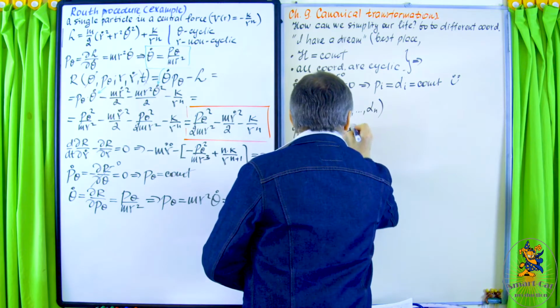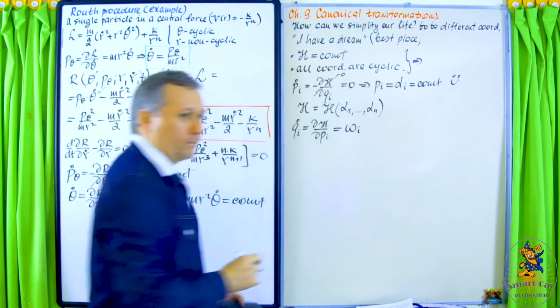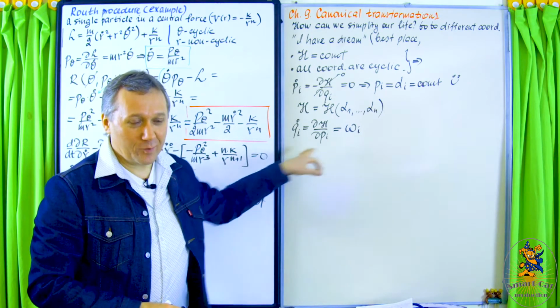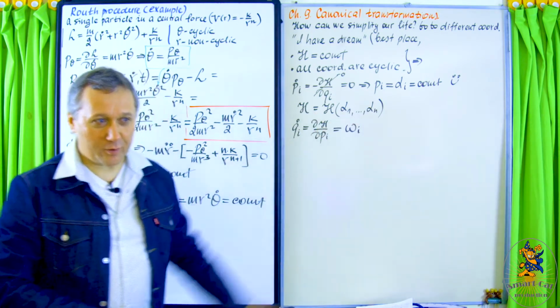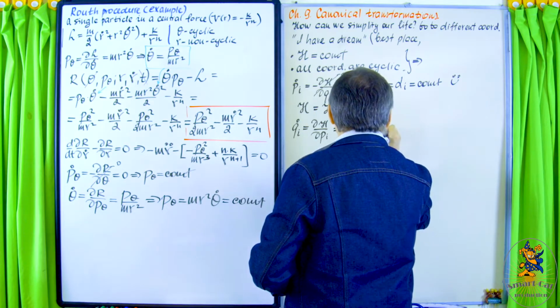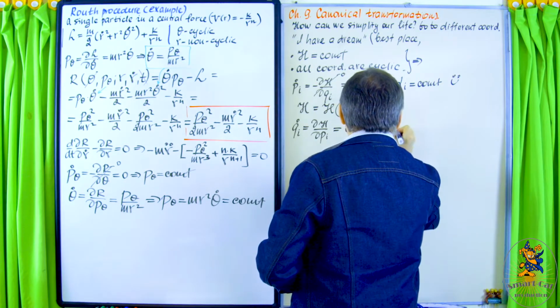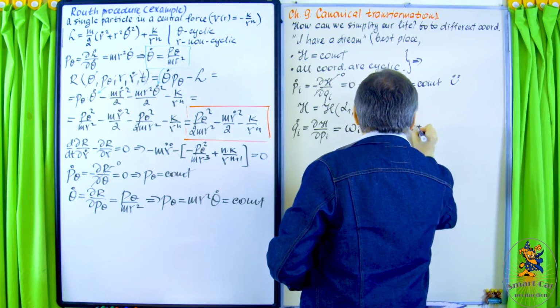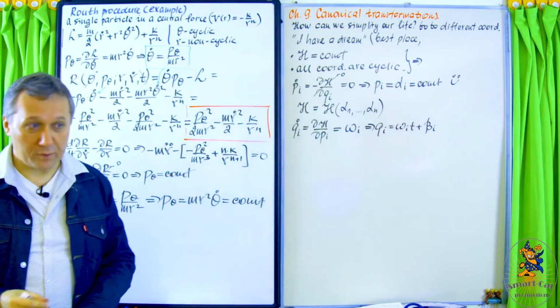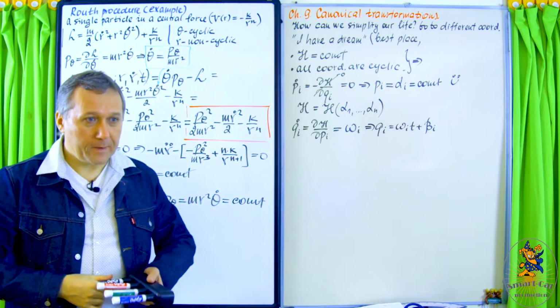Let's label that constant as omega_i. So we have a trivial first-order differential equation where the derivative equals a constant, and we can easily write down the solution. q_i will be equal to omega_i t plus a new set of constants, betas, because we integrate.